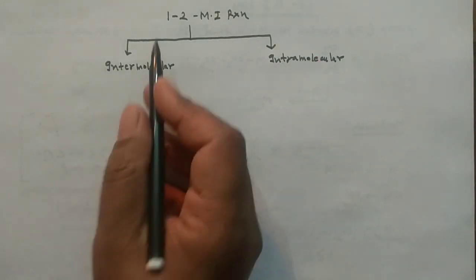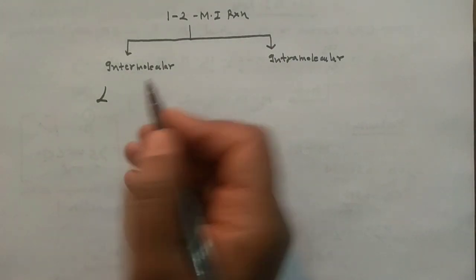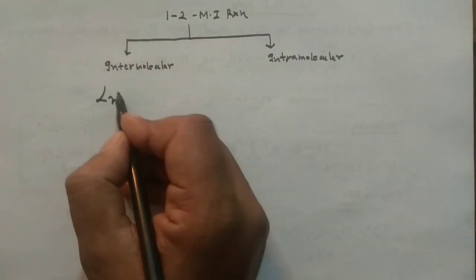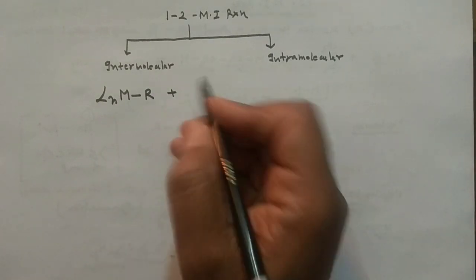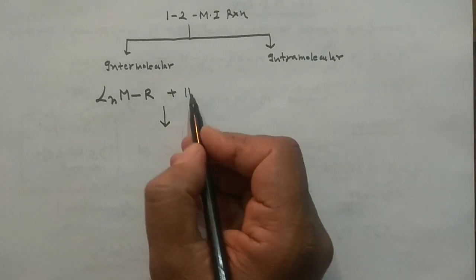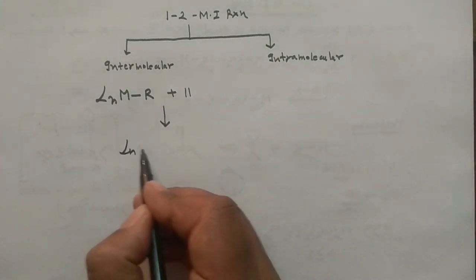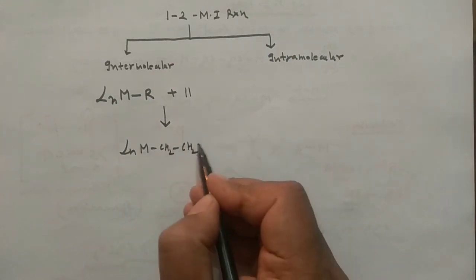So if I take my 1,2 migratory insertion reactions intermolecularly, then I can take my ligands, then the metal and alkyl bond plus this double bond here, and you know this alkene will get inserted in between the M and R bond, and you will have LnM-CH2CH2R.